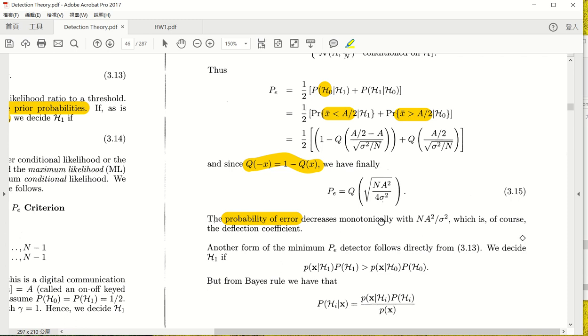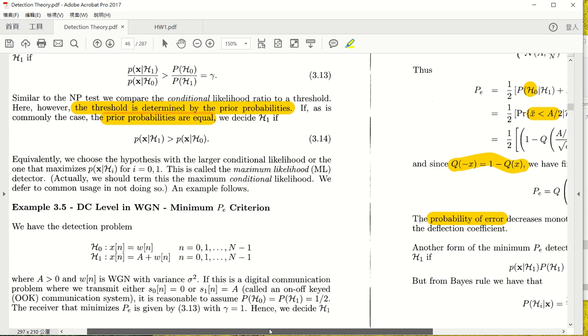I want you to just notice this term mathematically, and also I want you to understand a little bit about its engineering implications. 它工程上的含义是什么？You have A over sigma square. So if you have sigma square smaller, you get better performance. If you have A larger, you get better performance.